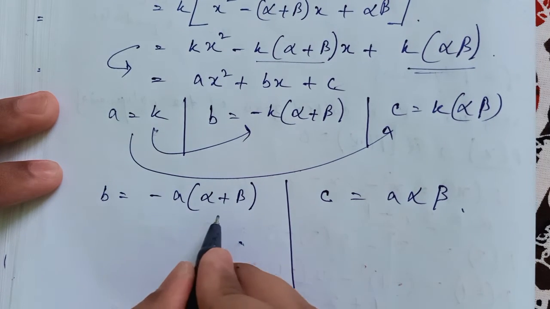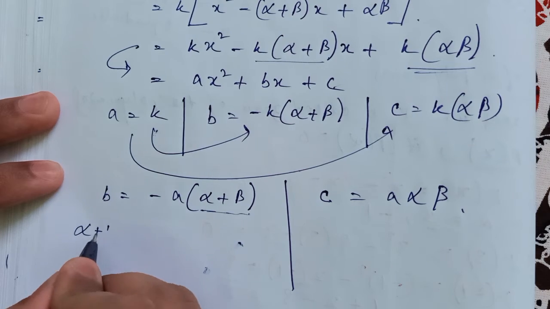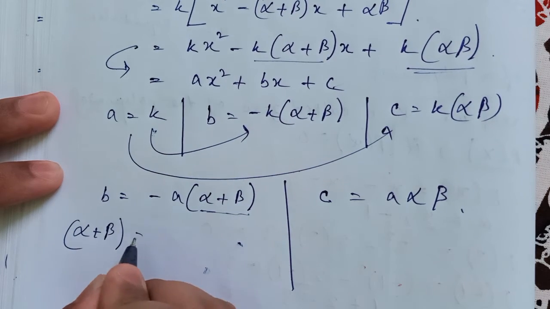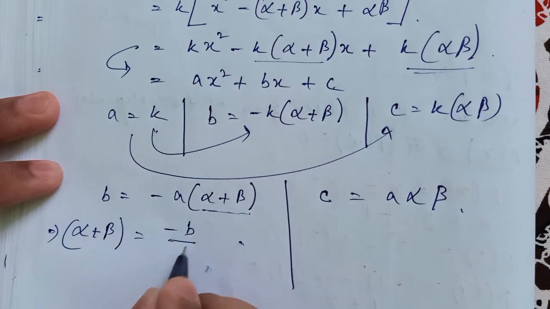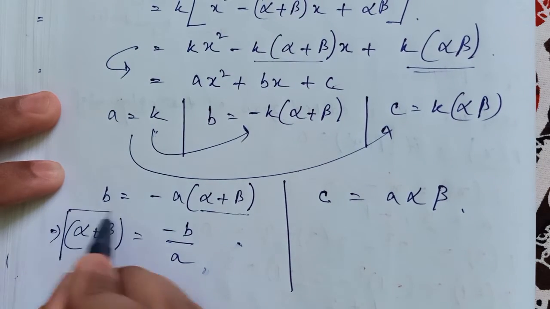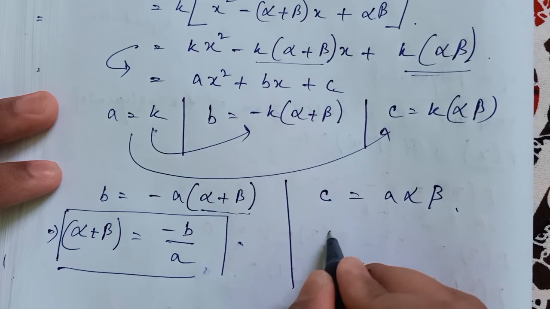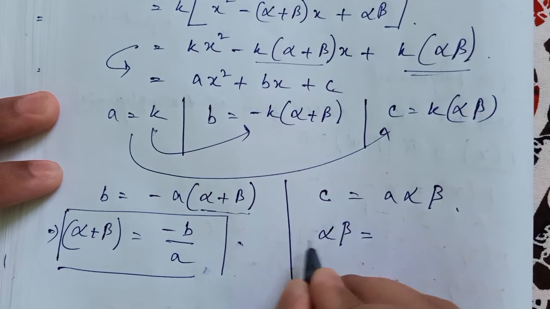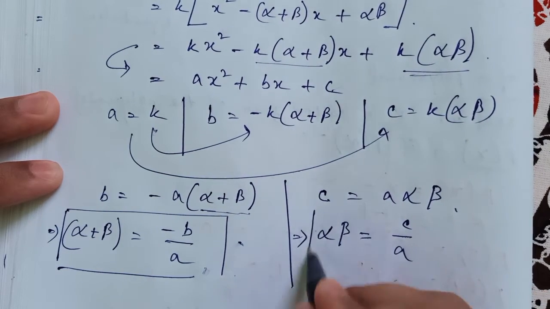If you keep alpha plus beta on one side, you will get minus b upon a. And if you keep alpha beta on one side, you will get c upon a.